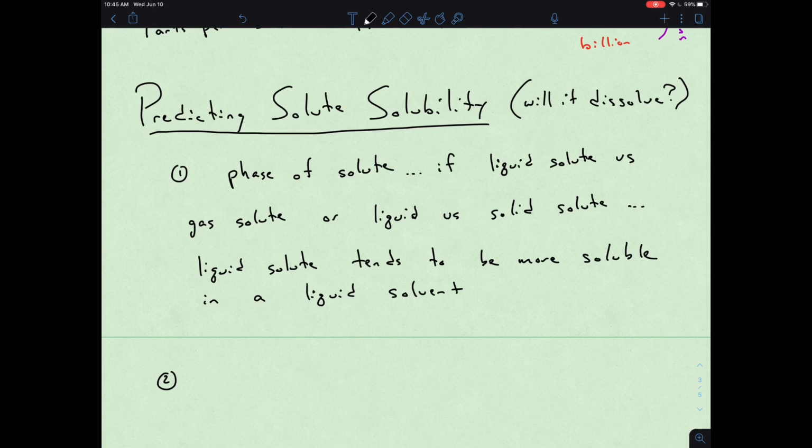Otherwise, it's just a matching of forces of attraction, and even within the realm of liquid gas or liquid solid solutes, we still want to think about matching forces of attraction.